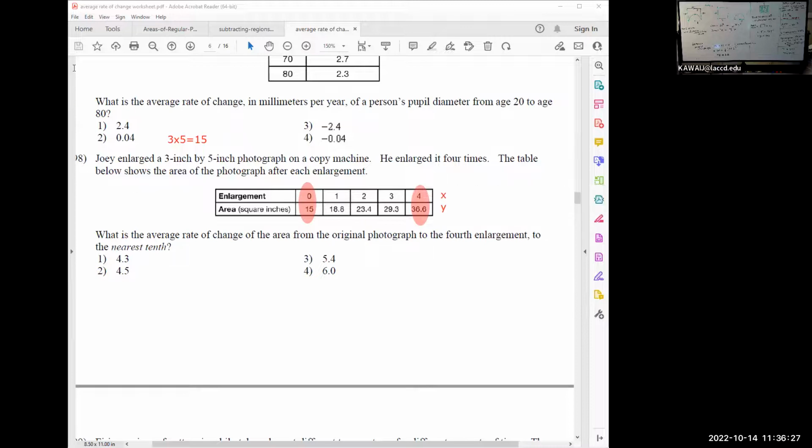So we have average rate of change is equal to 36.6 minus 15 all over 4 minus 0. And that gives us 5.4.